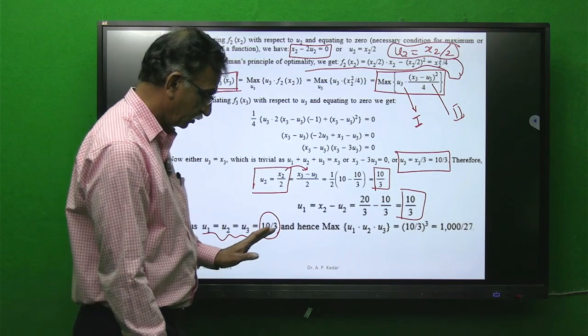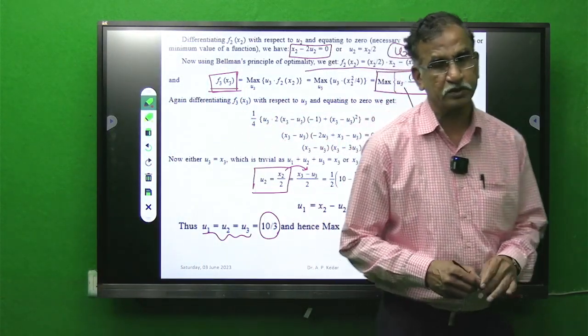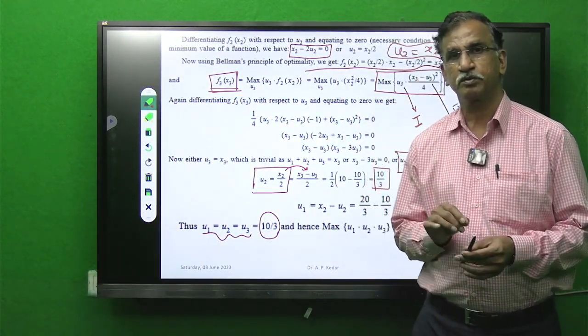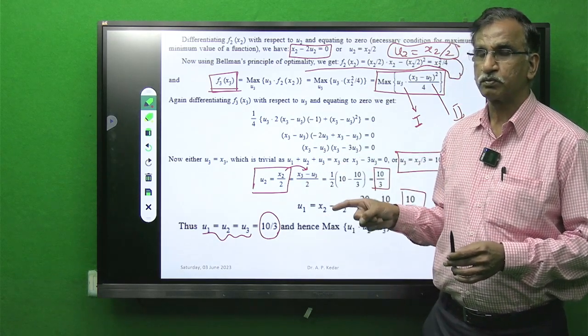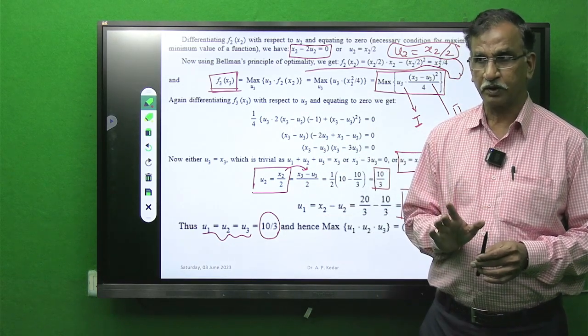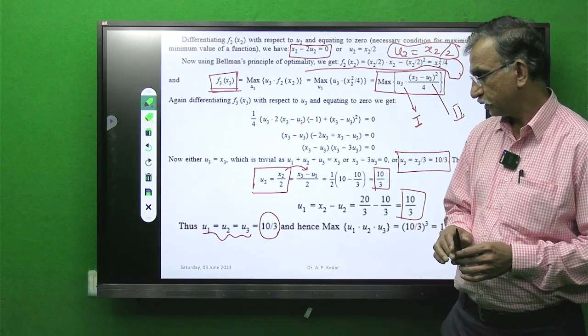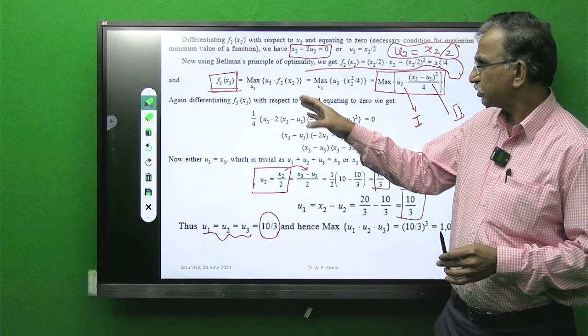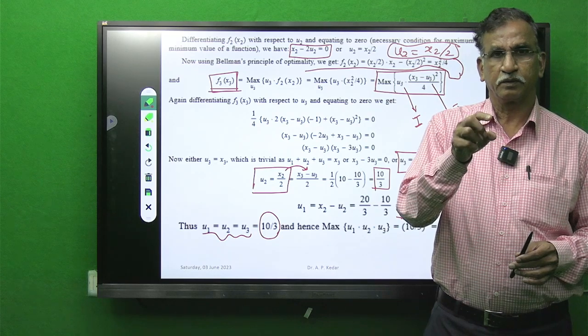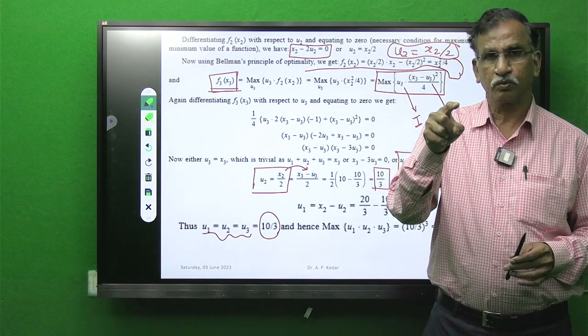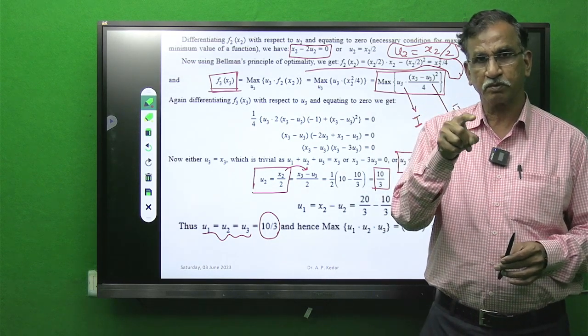So by the differentiation method, using the principle of calculus, we can also find the values for continuous variables. Now the same problem can be tried here. We stated u1 into u2 into u3 as maximum z.